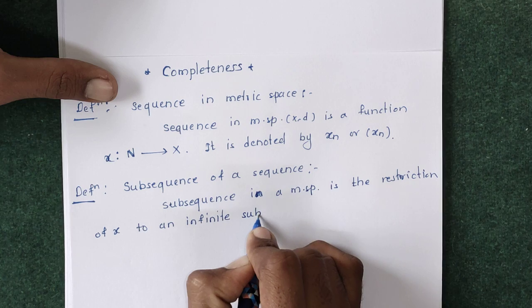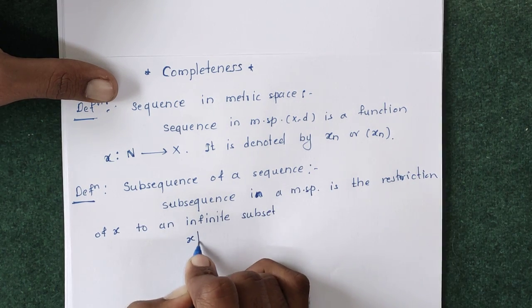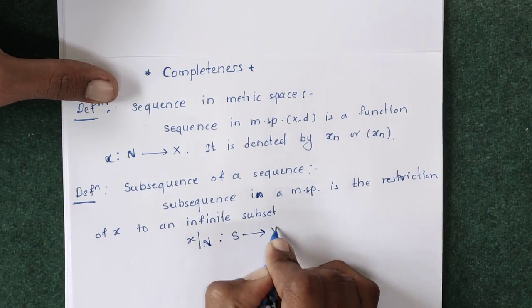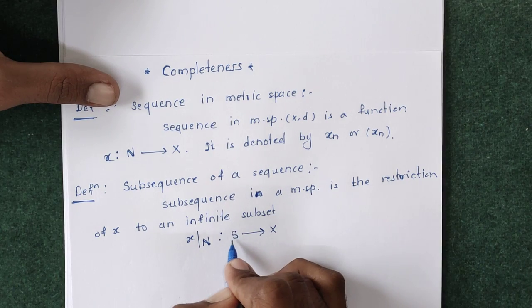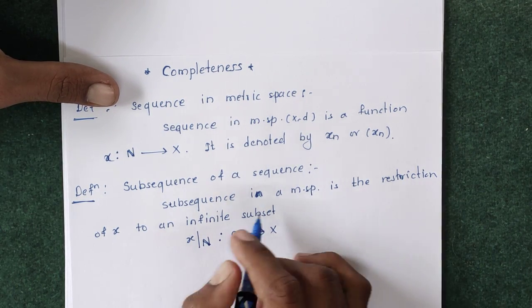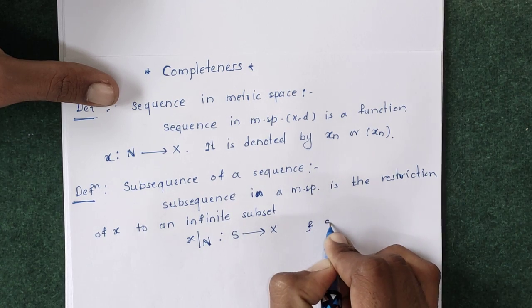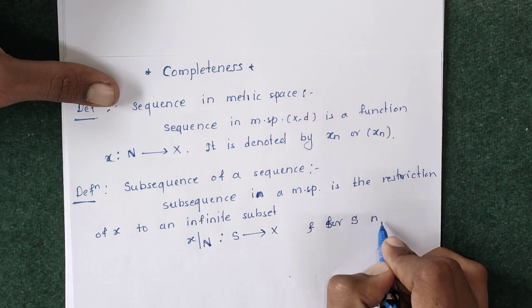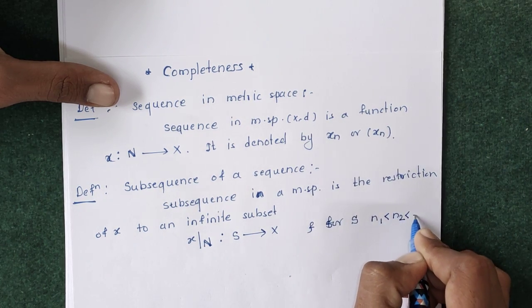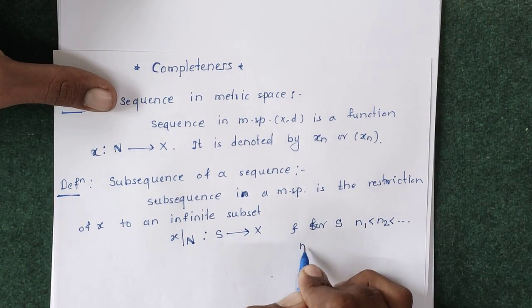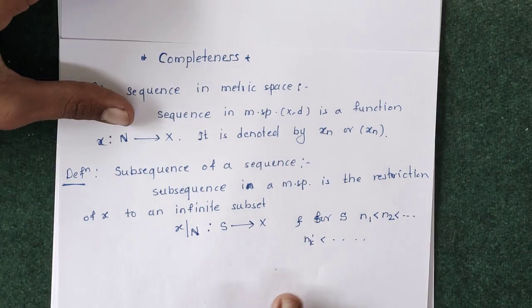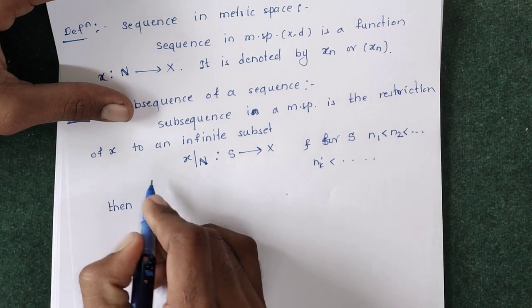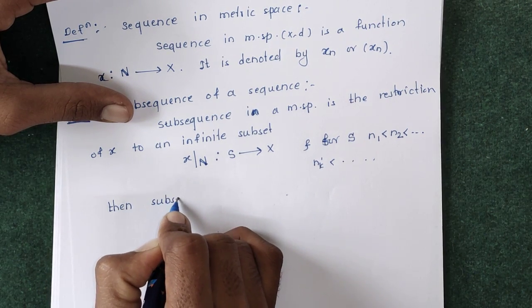That is, the restriction of x over a set S of natural numbers, from S to X. Here S is a subset of natural numbers, for which n1 is less than n2 is less than so on, nk, with the indices increasing. Then we have a subsequence.